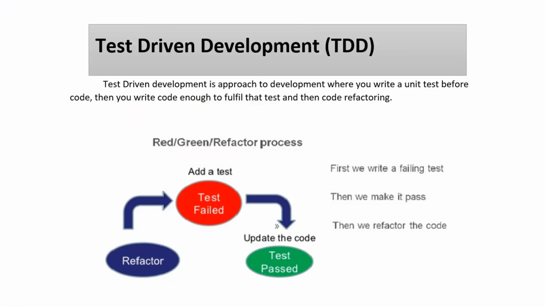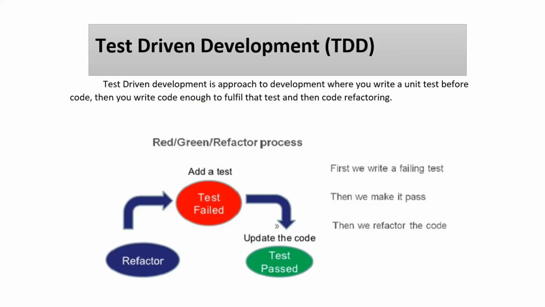Here, test failed. This is the first step you take in test driven development. First, we write a failing test. Then we make it pass, so update the code to make the test pass. This is the second step. Then refactor the code, that means you re-execute the code, and the test case passes. This is the flow of test driven development.